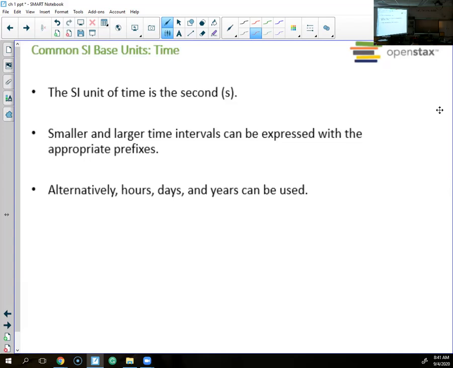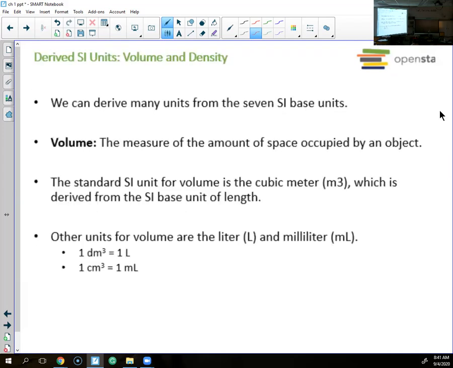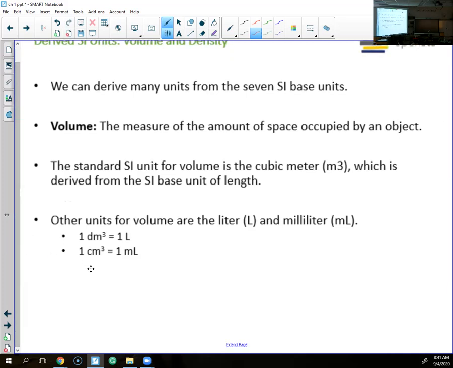Time is a second, whatever. You can use whatever time you feel like. We can derive many units from the 7 base units. One is volume. And I don't stress how we derive volume, because it's actually extremely complicated. But just know that volume measures how much space something takes up. And this, you'll see often, a centimeter cubed and a milliliter are the exact same substance.